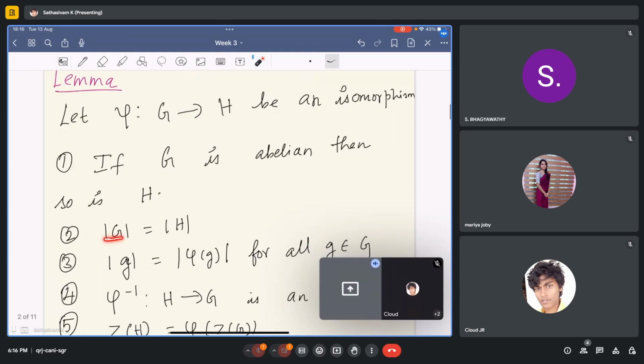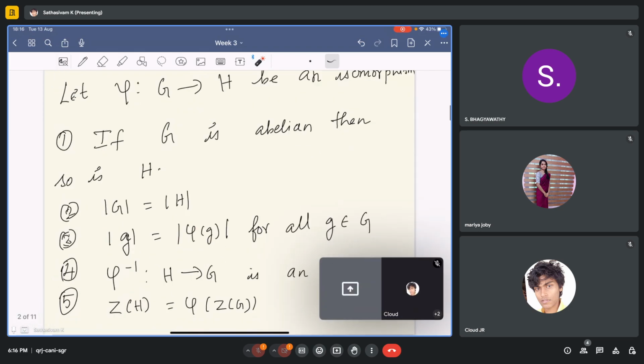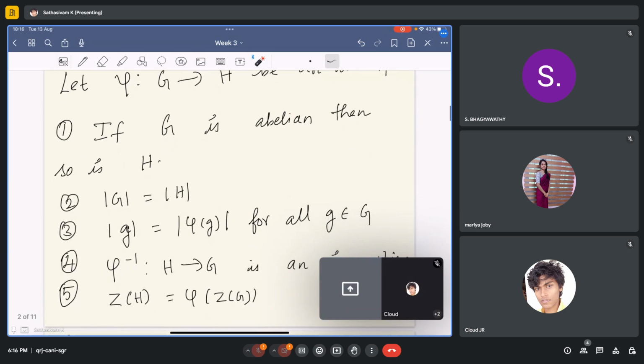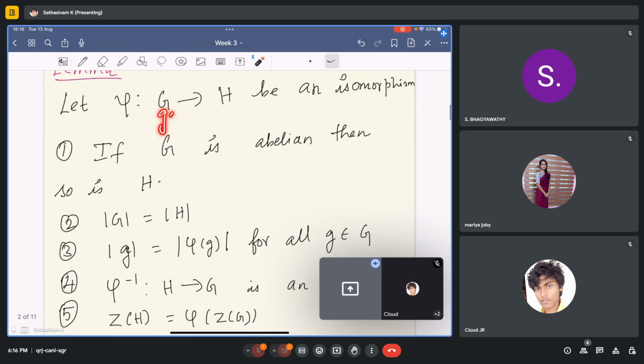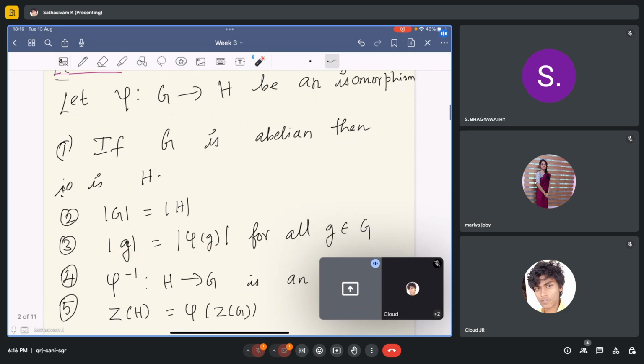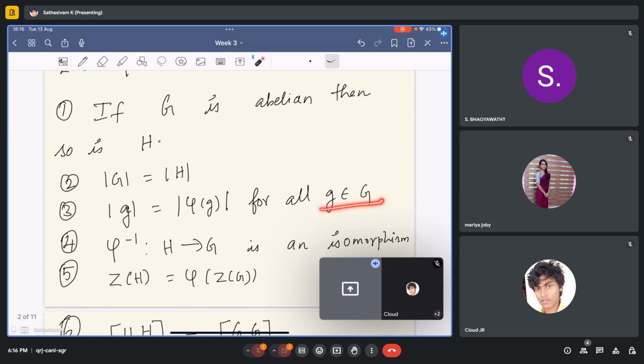So phi is a bijection means the sizes are the same. Okay. And there are other properties. If you take an element g here, the order of the element is the same as after you go to H, get phi of g and take the order. Okay, so the order of g and the order of phi of g are the same. And this is true for every g in G.